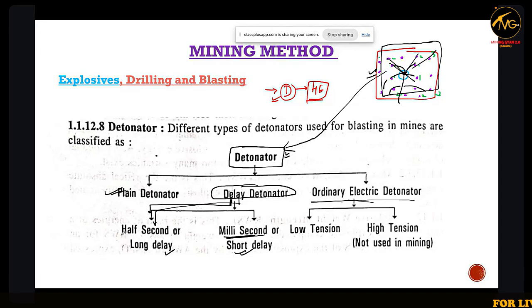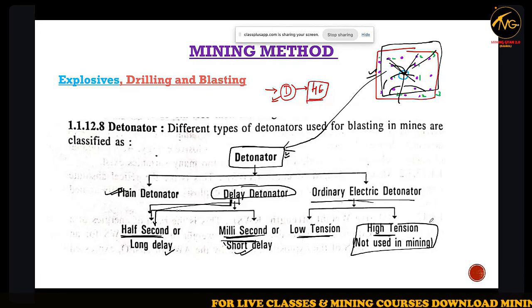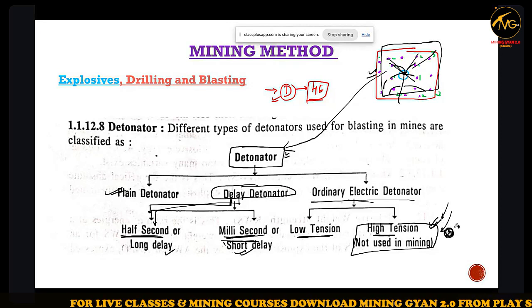Long delay means half second. Short delay means millisecond. Ordinary electrical detonator means low tension and high tension; high tension is not used in mining. तो अगर they have put this specifically, you should remember these points. ठीक है.